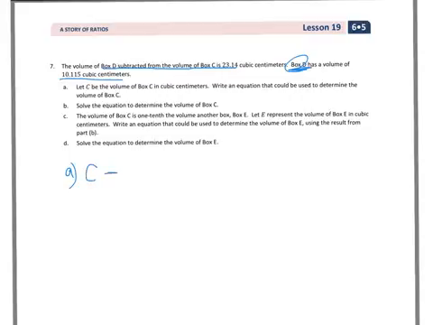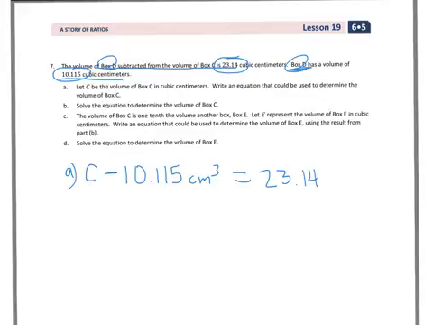And then it would be box D, and I know the value is right here. So if I subtract this, I'm going to end up with that, 23 and 14 hundredths centimeters cubed. So that's A.